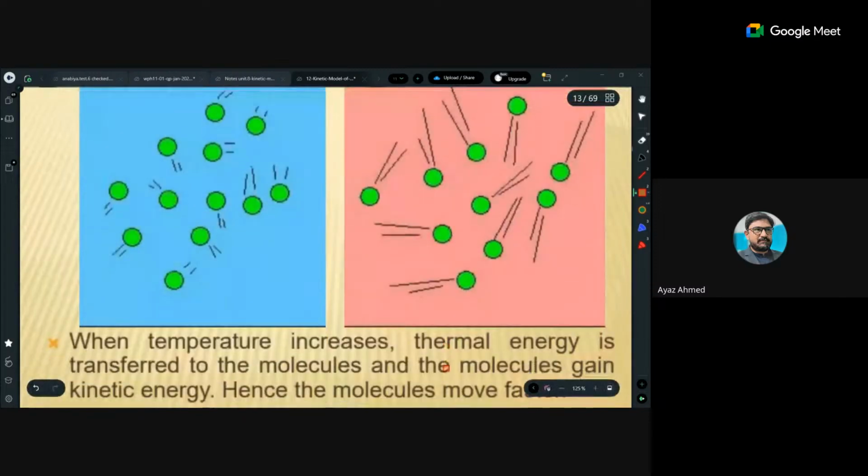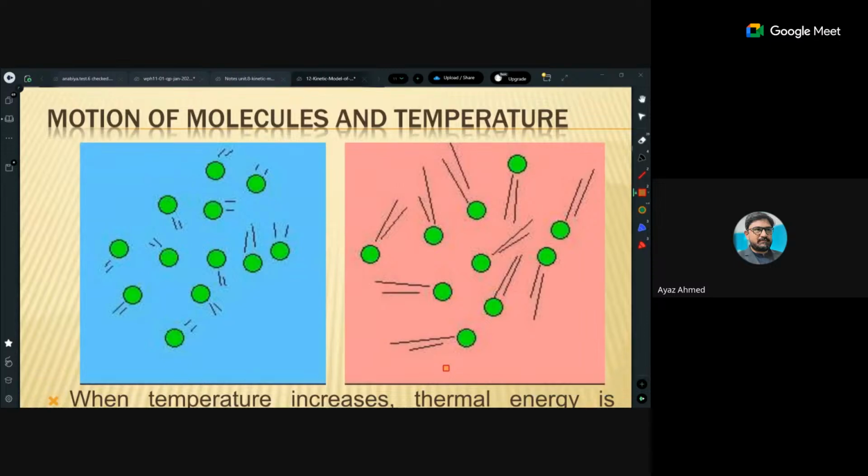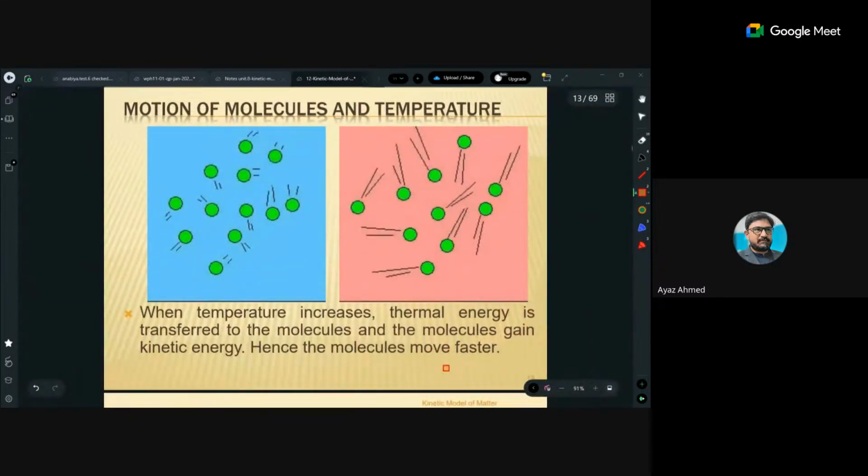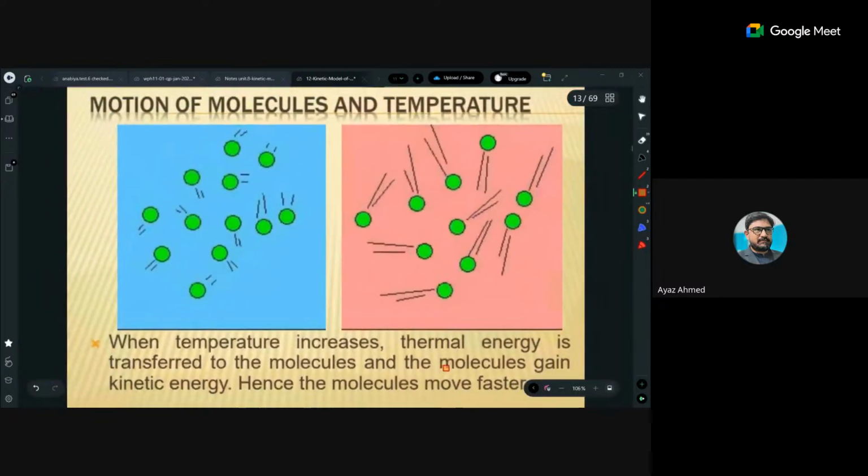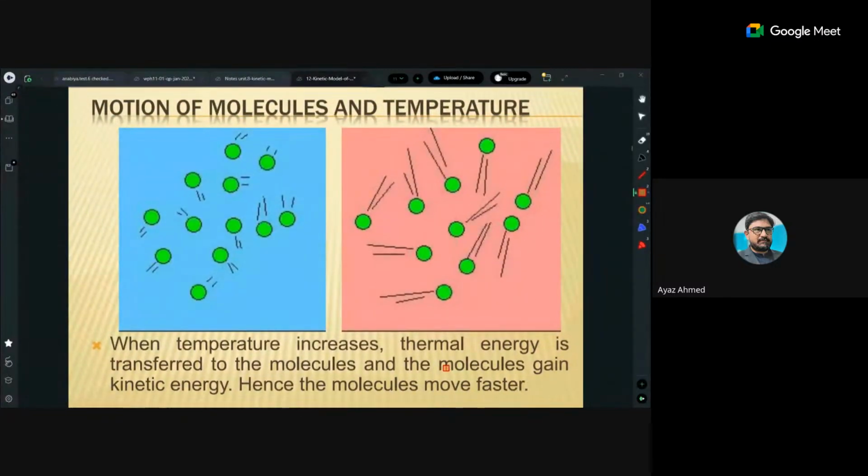So here is the motion of the molecules and temperature. In this slide, blue means low temperature, and red or pink means high temperature.